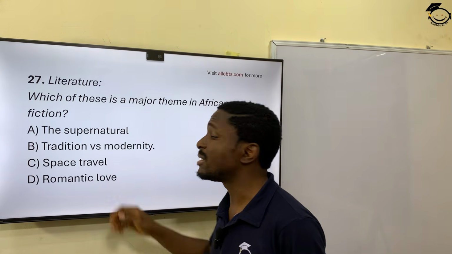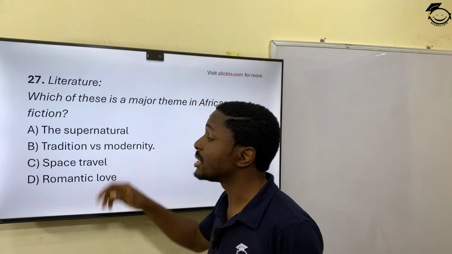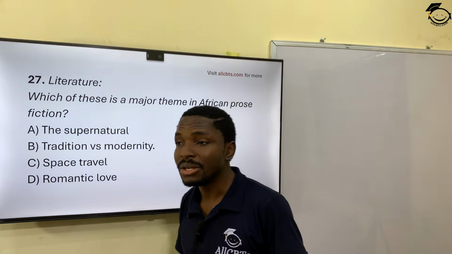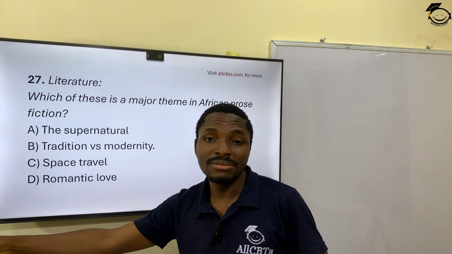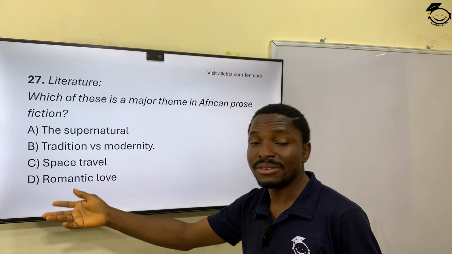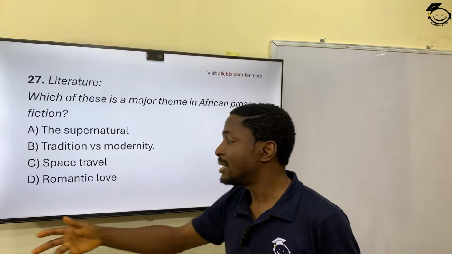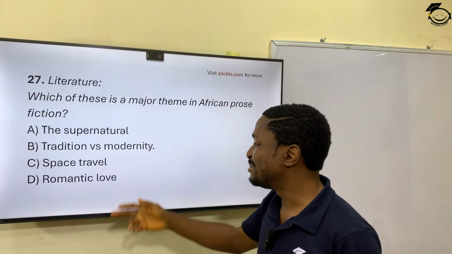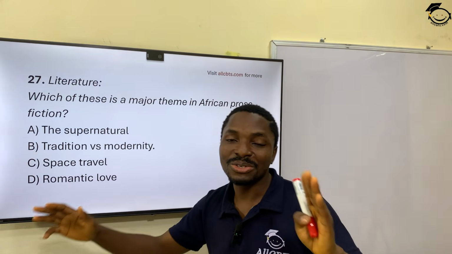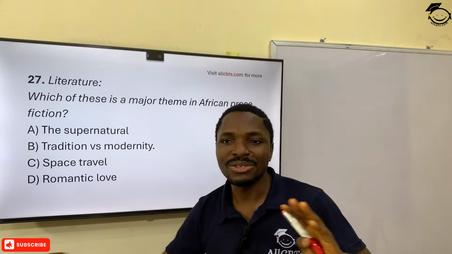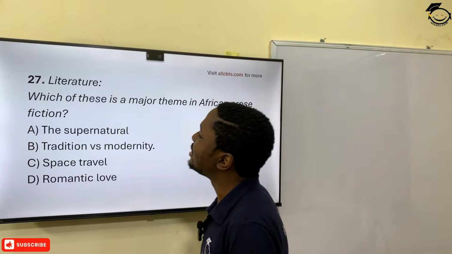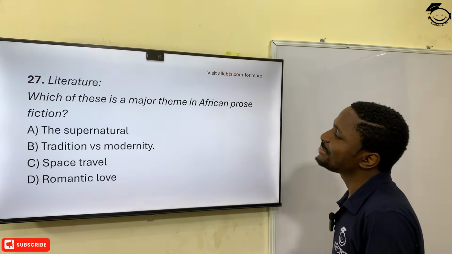You don't see space travel. You don't see things talking about God most of the time. Most of what you see in African prose is traditional, because it's African. Then modernity is almost always sometimes a versus thing. Tradition versus modernity. Good.